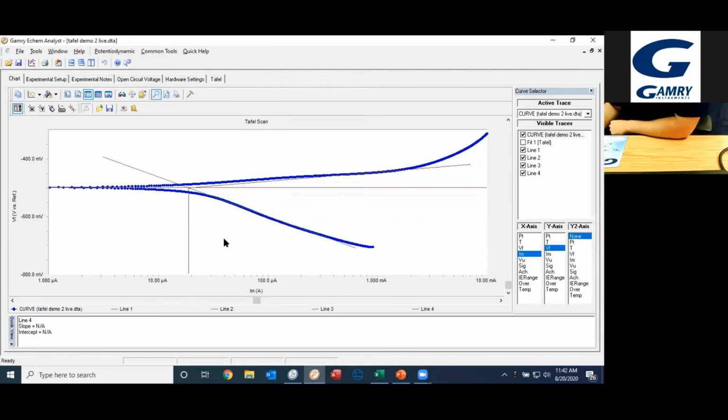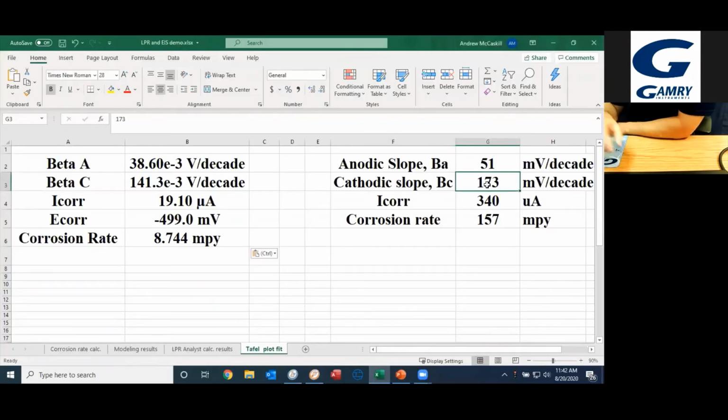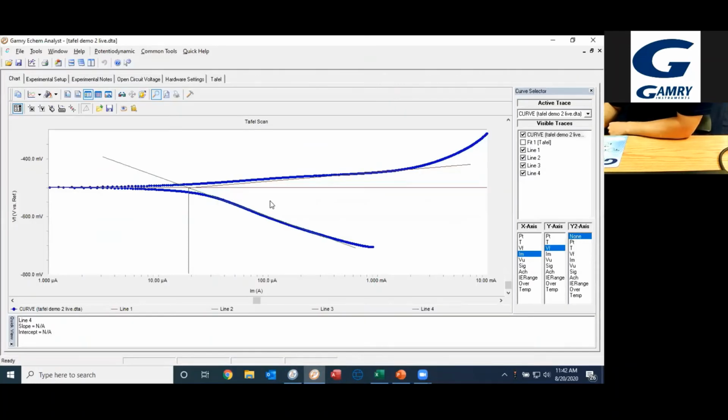Okay, so let's look at the slope values that we got. For our cathodic side, I have about 136, 137 millivolts. Let's go ahead and plug that in. For the anodic side, I just hover over the lines, and you see a little box pops up that tells me what the slope of that line is. So the slope of the anodic side, oops, got off the line, is about 31 millivolts per decade.